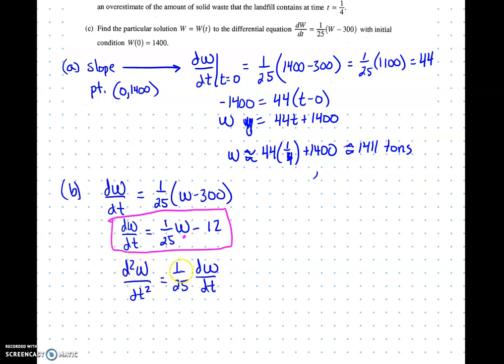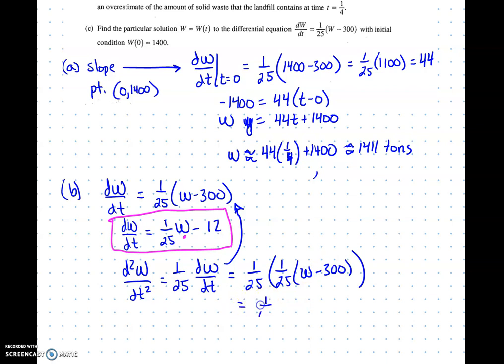So the second derivative is 1/25 of dw dt. Well, what is dw dt? dw dt is this equation up at the top. So this second derivative is 1 over 25 times 1 over 25 times w minus 300.